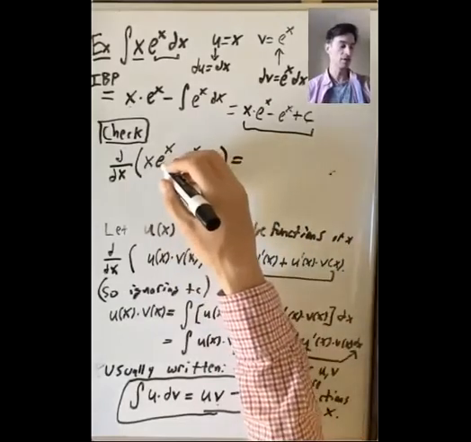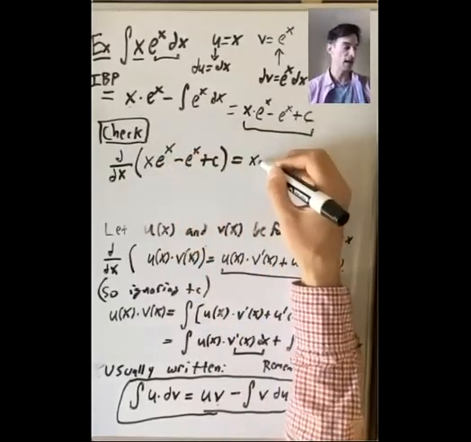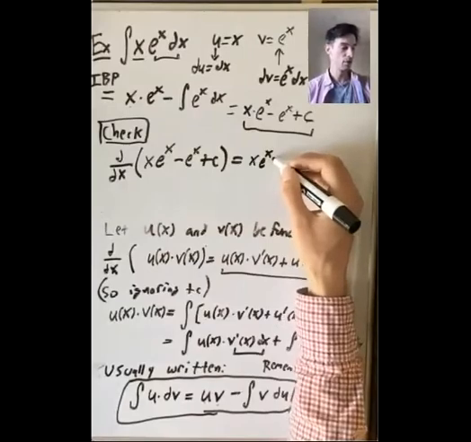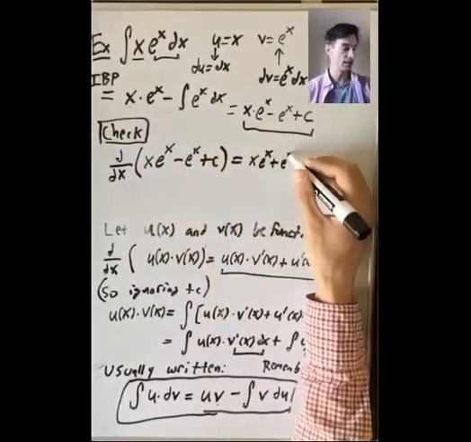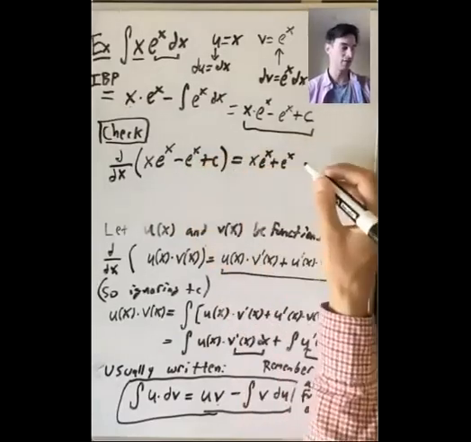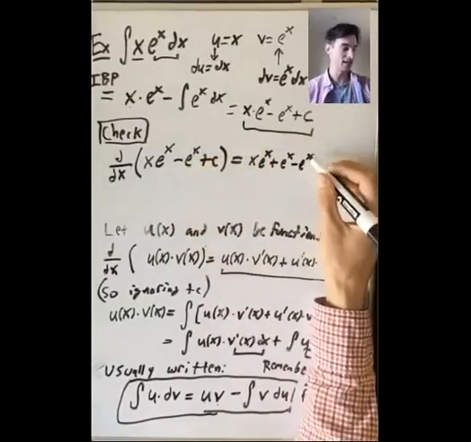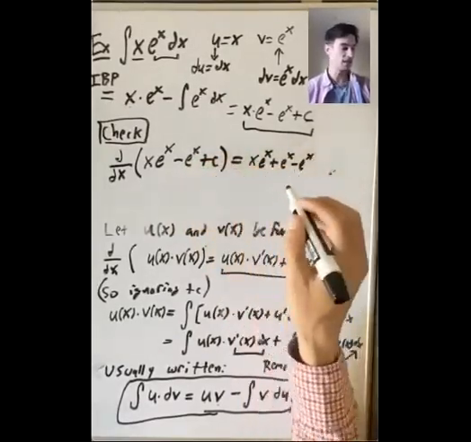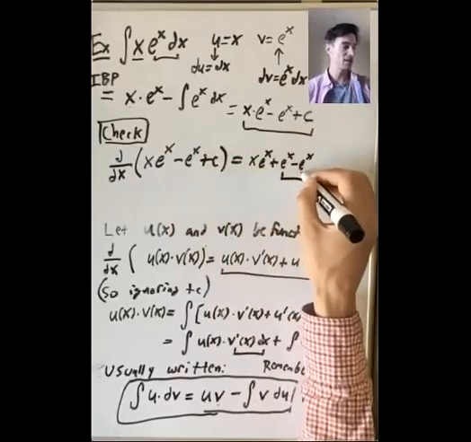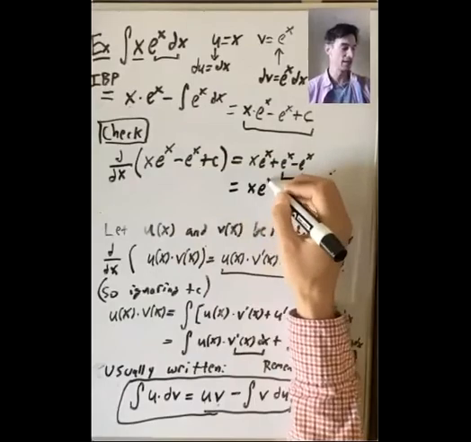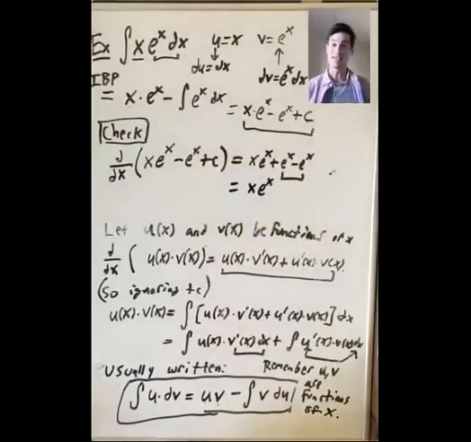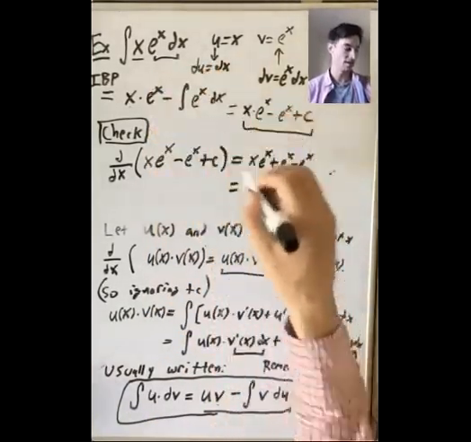It's u times the derivative of v, so we get x e to the x, plus the derivative of the first part times the second part, which is just e to the x, minus the derivative of the next part, minus e to the x, plus the derivative of c is 0. So this e to the x cancels with this e to the x, and we just get x e to the x. And we see that all of this works.